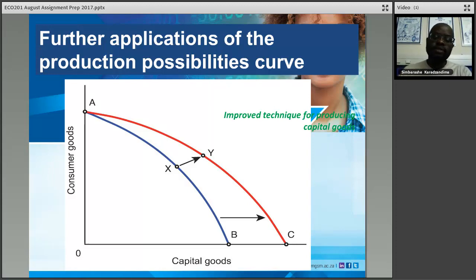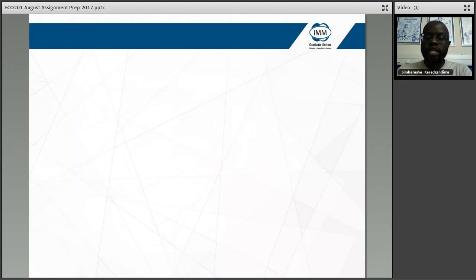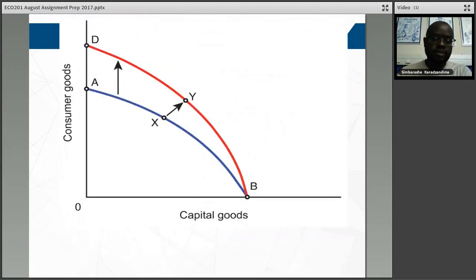So what this basically means is, maybe in this society we have discovered a new production technique, but that production technique is only assisting in the production of capital goods, with the production of consumer goods remaining the same. Or workers can become more skilled in the production of capital goods, but the production of consumer goods remaining the same. Right? And several other reasons that I have mentioned before.